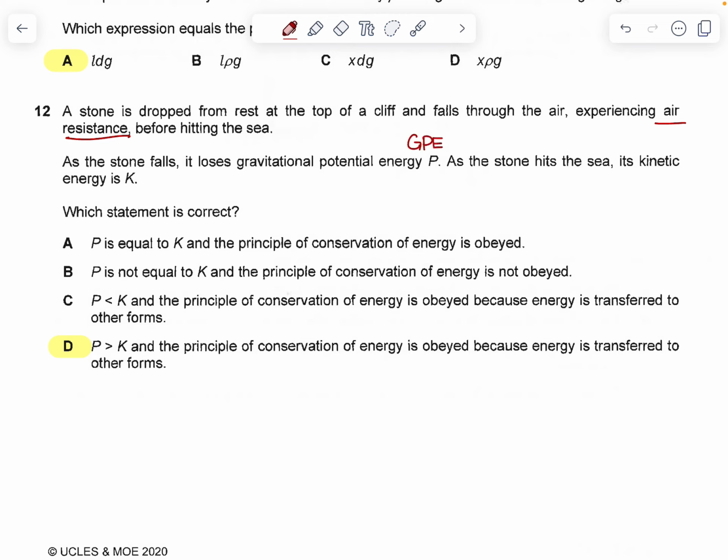And as the stone hits the sea, the kinetic energy is K. So since air resistance is present, your GPE will definitely be more than your KE. The principle of energy is always conserved. The energy is actually lost to other forms such as heat, sound, and friction.